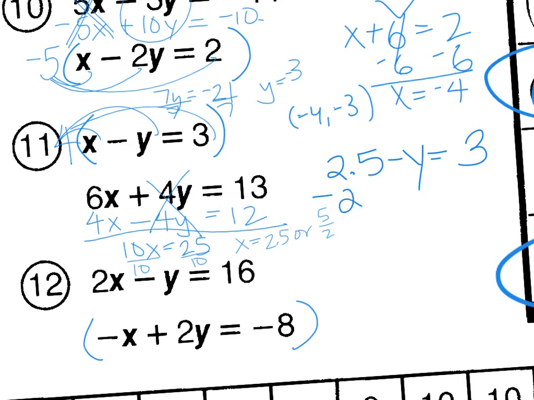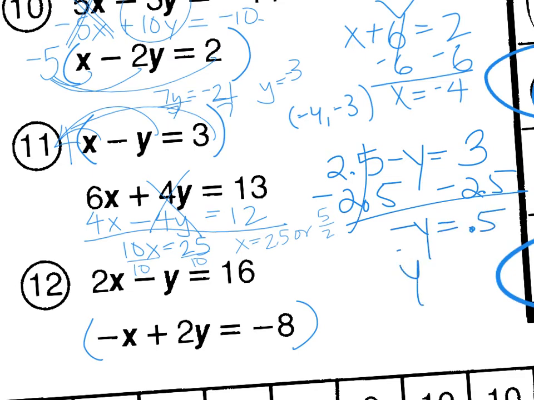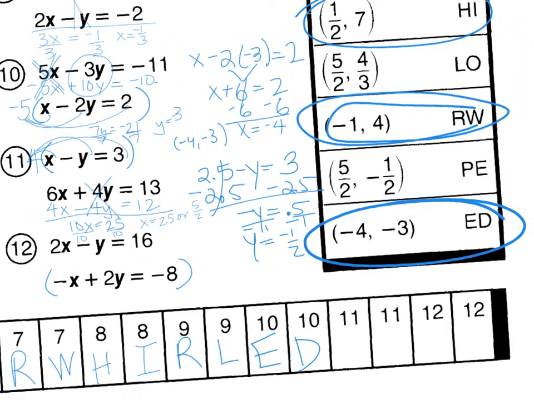So we're going to subtract 2.5 to the other side. And we're going to get negative y equals a half. So divide by -1. y is going to equal -1/2. Okay, so let's look at our answers. It's this one right here, P, E. So we did have to plug back in a fraction.